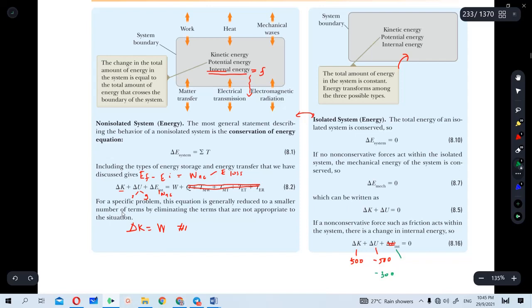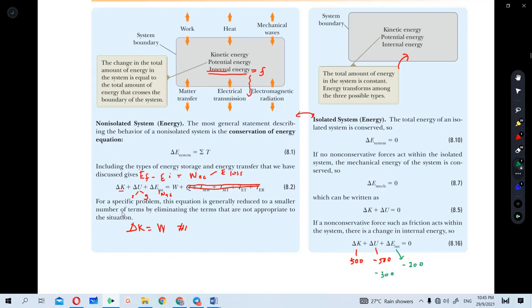And that makes the internal energy due to friction another number, which is negative 200. So 300 plus 200, when added up, make it become again the original without friction. Okay, this is just an understanding.